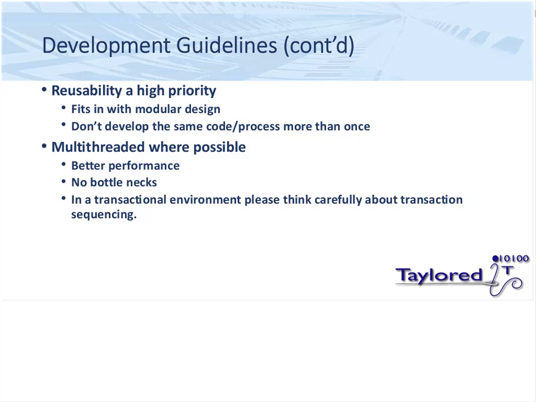Firstly, I'm trying to update something that doesn't exist, or even if I process updates in the wrong sequence, I could actually erase one of the updates because of the data. So in some environments, it is really important to think about that sequencing and how you make sure that you're processing all of those transactions in the correct sequence.